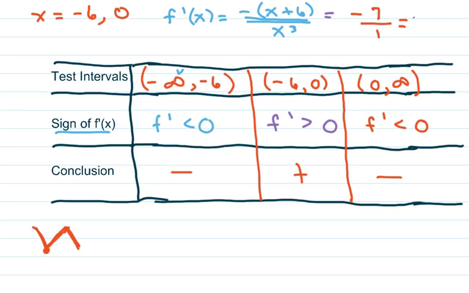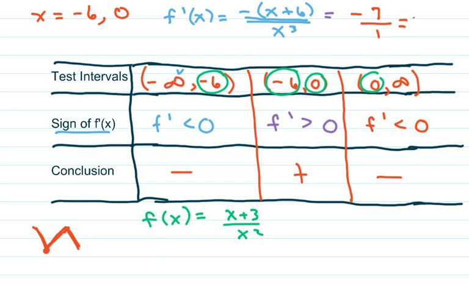So I'm going to also check my 0. So basically I'm going to check both of these into my original equation. So our original equation was f of x equals x plus 3 over x squared.